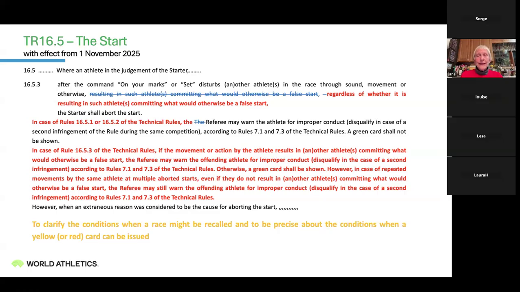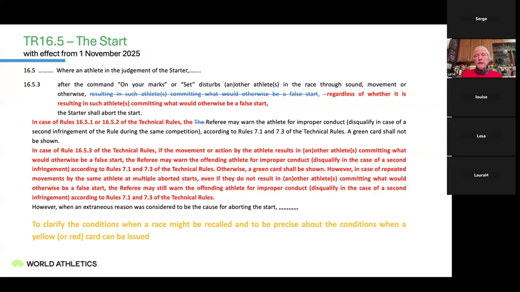However, in case of repeated movements by the same athlete at multiple aborted starts, even if they don't result in one or more athletes committing what would otherwise be a false start, the referee may still warn the offending athlete for improper conduct or disqualify in the case of a second infringement.